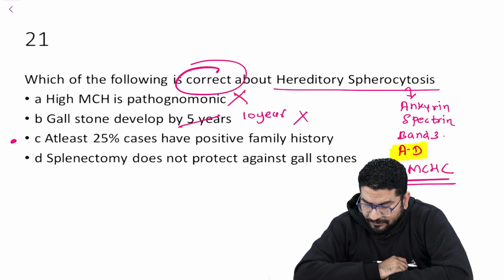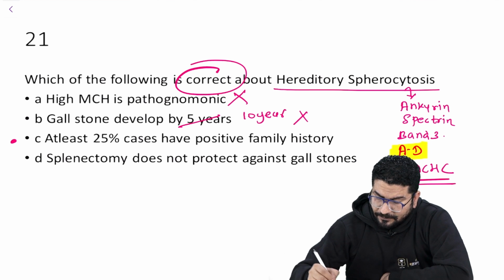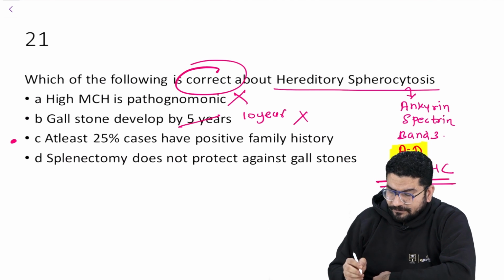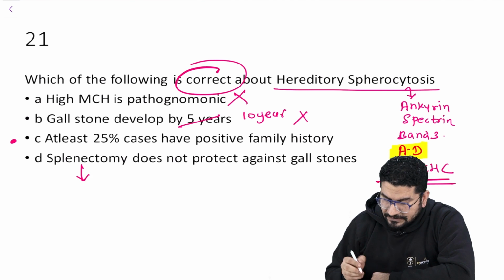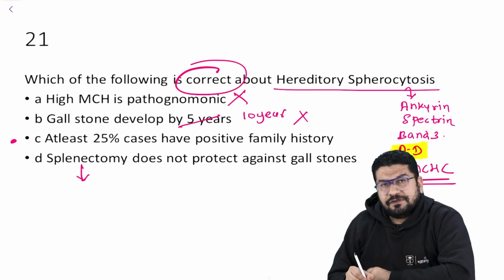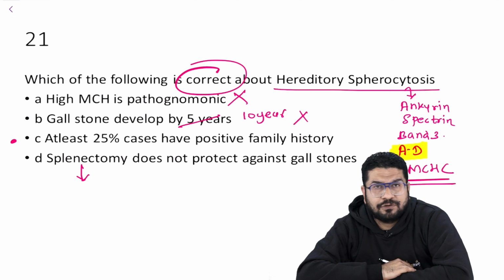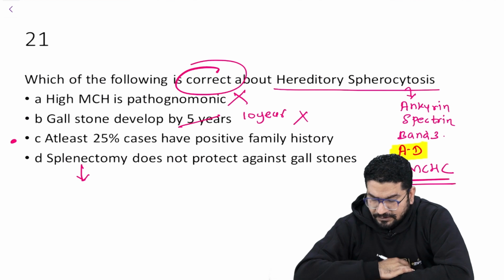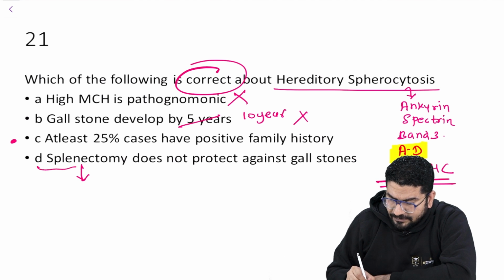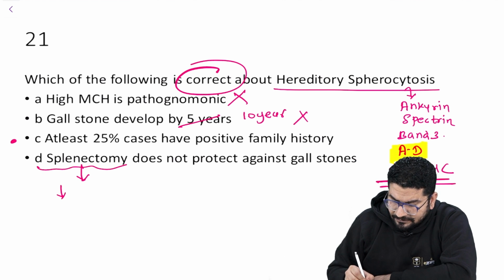Splenectomy does not protect against gallstone. Let us see this option. Why are we doing splenectomy? When we remove the spleen, there will be no splenic macrophages, and these macrophages will not engulf the RBCs. So by doing splenectomy we are reducing hemolysis.